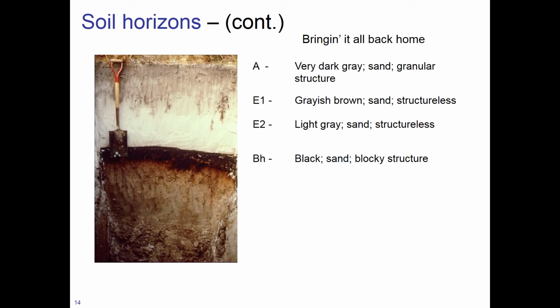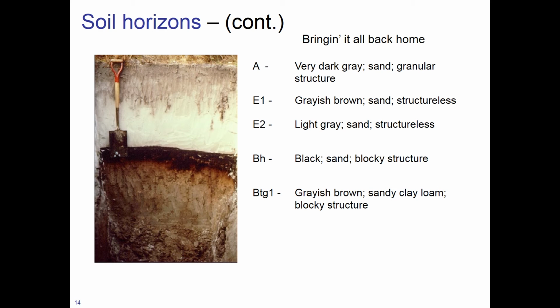Then we have a Bh, which is described as a black in color, a sand in texture, and with blocky structure. The Bh is an indication of an alluvial accumulation of organic matter and aluminum in Florida generally, with some iron in some cases.